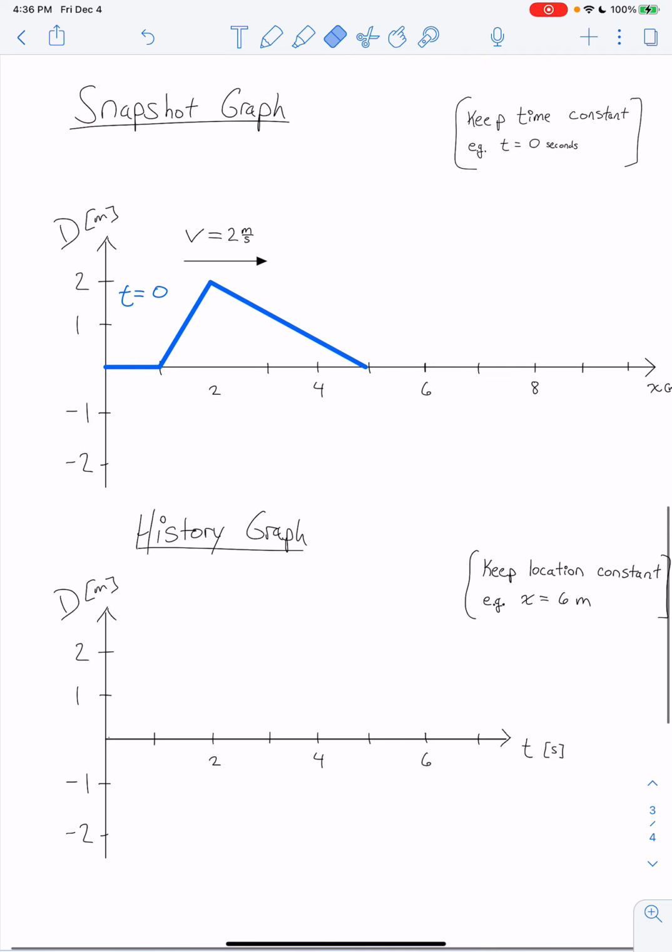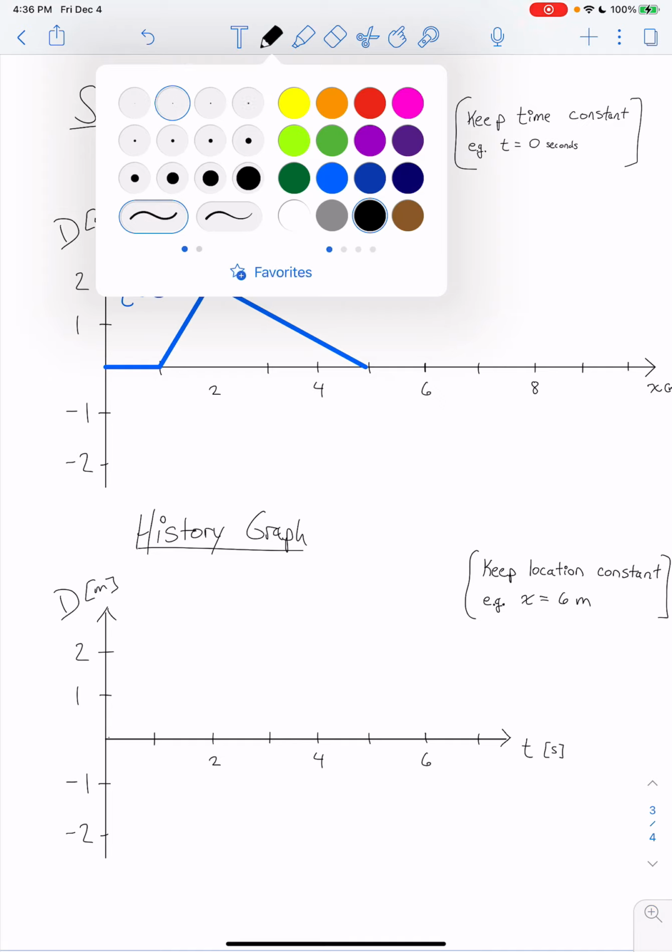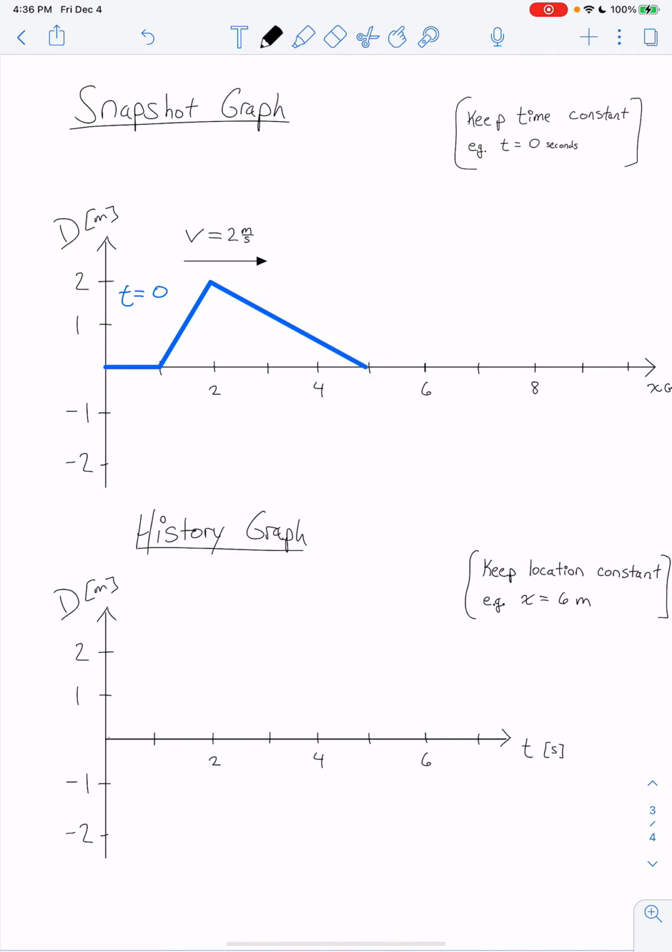Let's try 2 meters per second. What's going to happen there? Well, we're going to have to do the exact same thing, but be a little more mindful of our velocity. We can't just say it's always the mirror image and draw it out quickly. That's not always true.